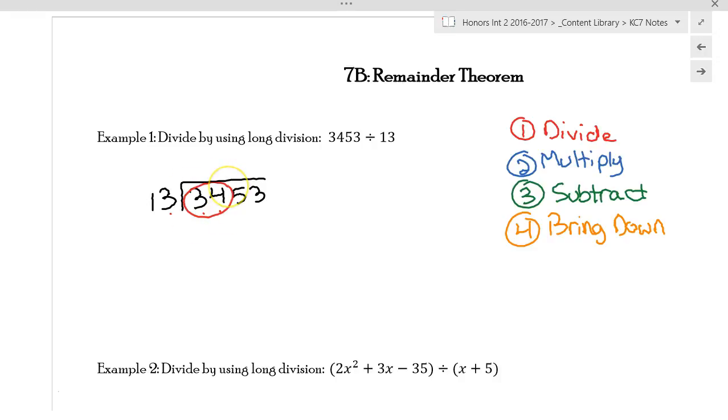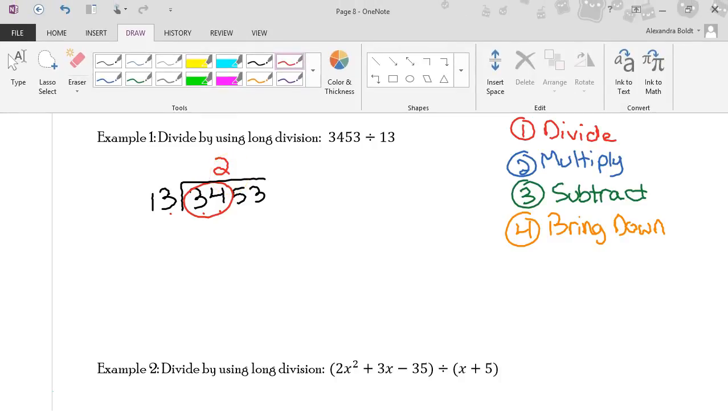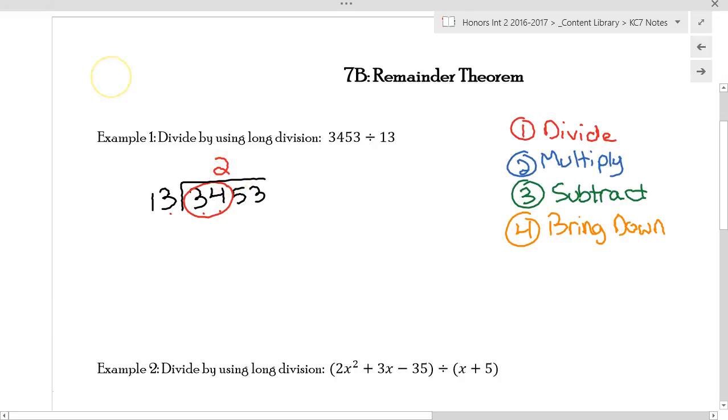Not evenly, but it will fit in. So I go 13, then 26. My next one would be 39. So if I have 3 13s, that's too big. So at most I can do 2. So 34 divided by 13 is 2, and you would have some left over. So that's our division step.